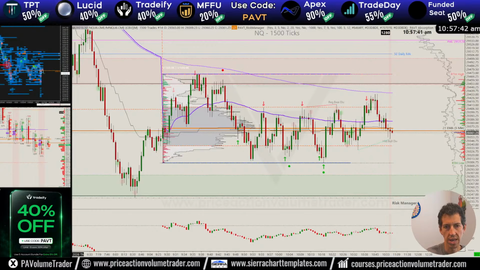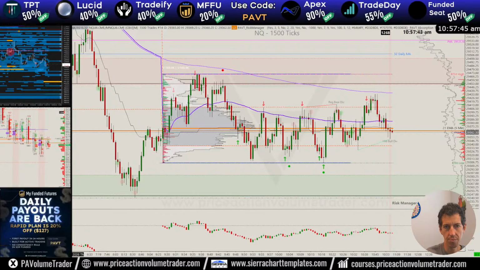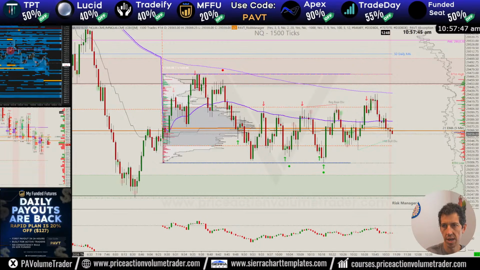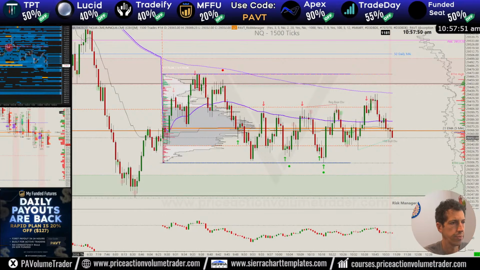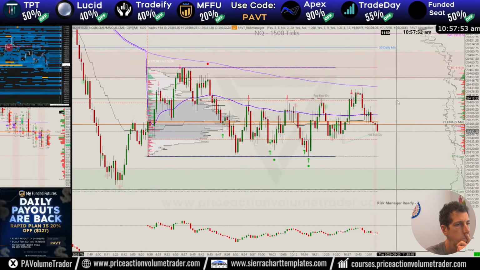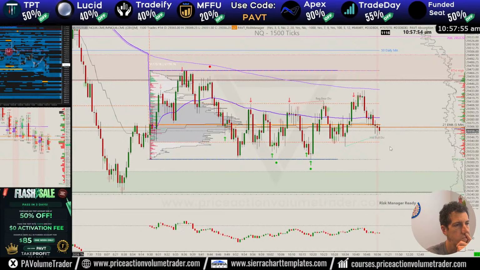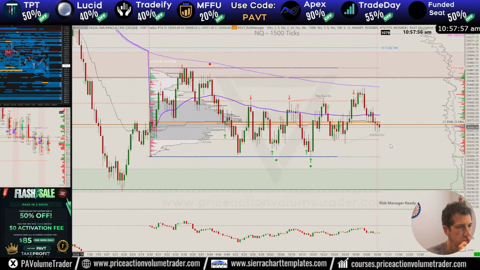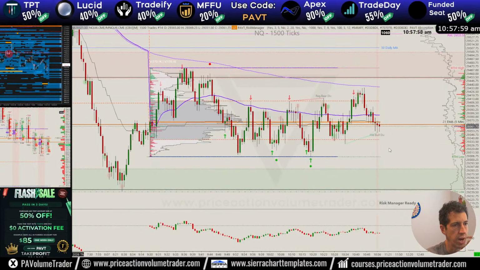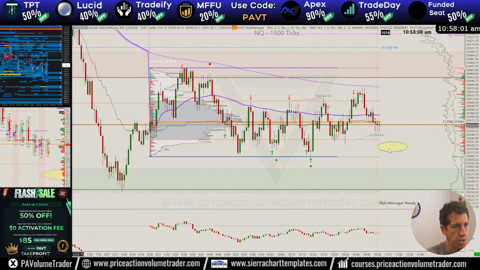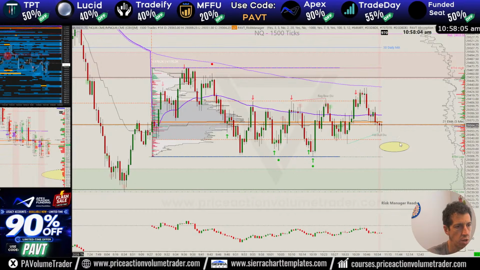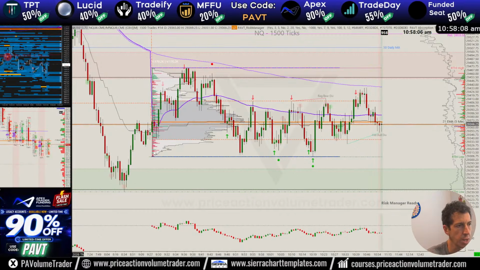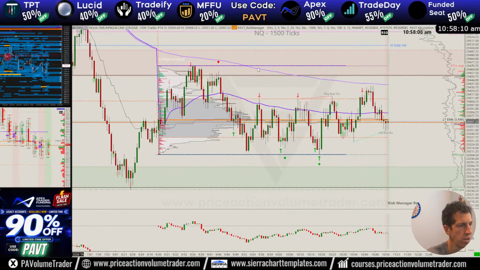Oh, here my heat map got screwed up. Okay, there's the heat map again. Right here, if we come back down to this area, this might be a decent area for a long. You can see we're in a very balanced profile.